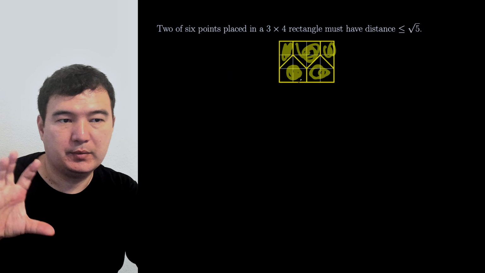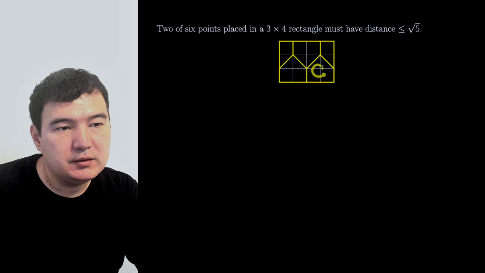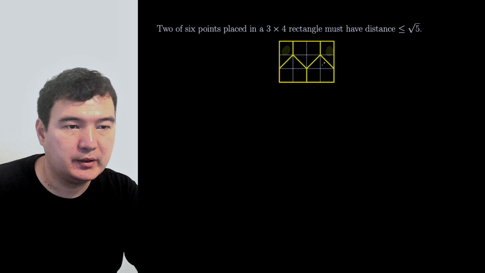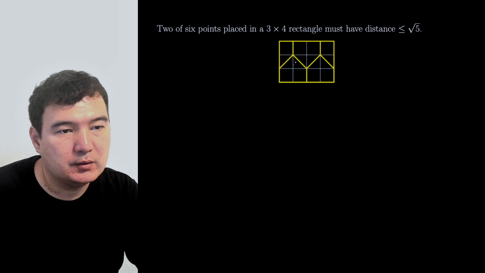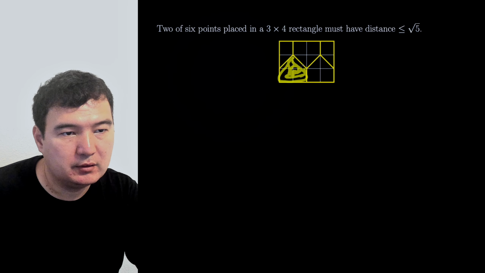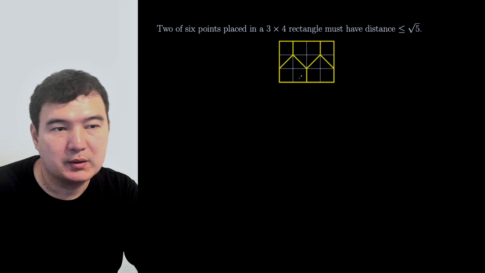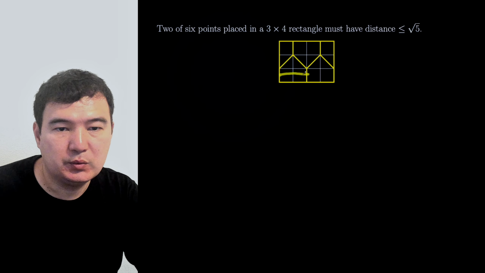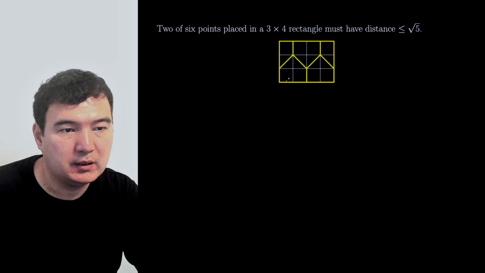So the 5 parts: these 3 are the same, and then these are the halves of those parts. But if you look inside this house-like figure, a pentagon, what's the maximum distance? From here to here is 2 units. It's less than square root of 5.